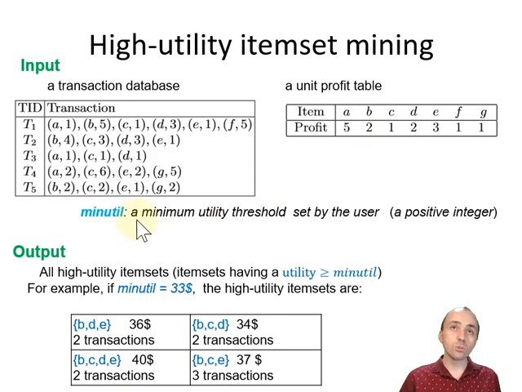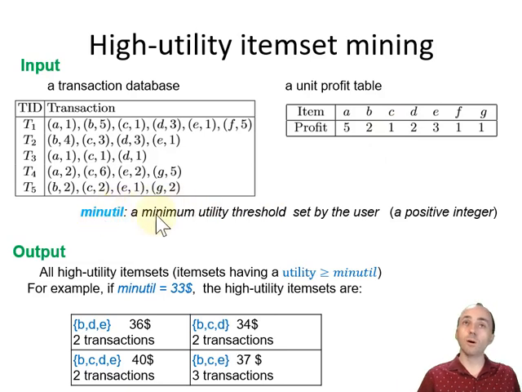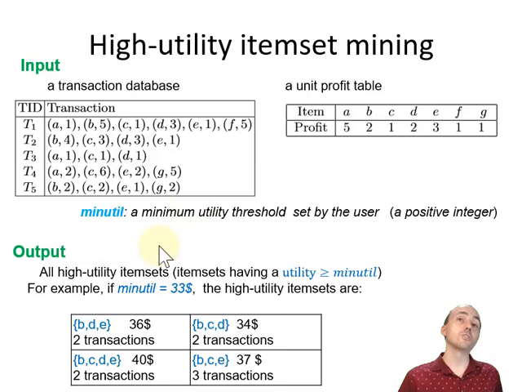And then the user needs to set some minimum utility, some threshold, some minimum amount of money, and we want to find what people buy together that will make a lot of money. So here, for example, if we set the minimum to $33, this will be the result we want to find.